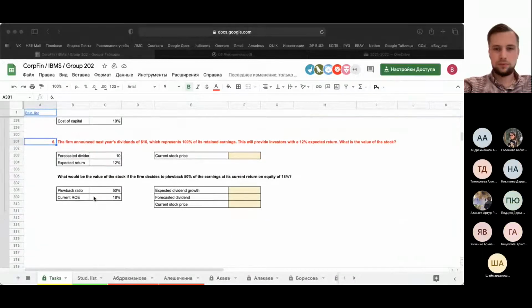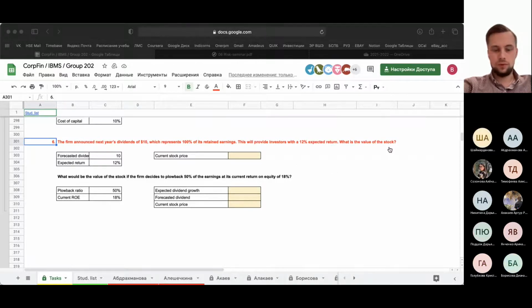Okay, can you see my screen? Yes. Mm-hmm. Okay, so who can show the last exercise from the previous seminar? Can you raise the hand, please?